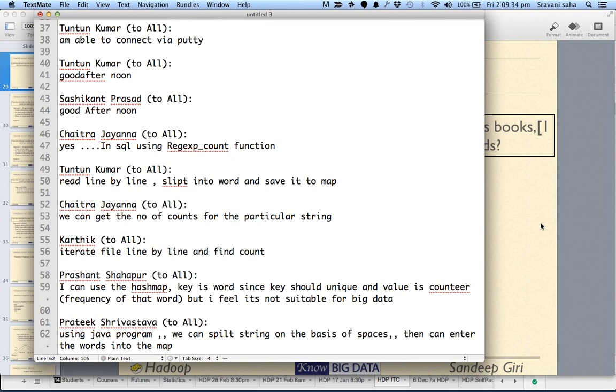But for that you should have one word per row, and then you can do a group by in SQL. Keep that in mind. We will talk about it, and you'll find how close you are to the actual solution.